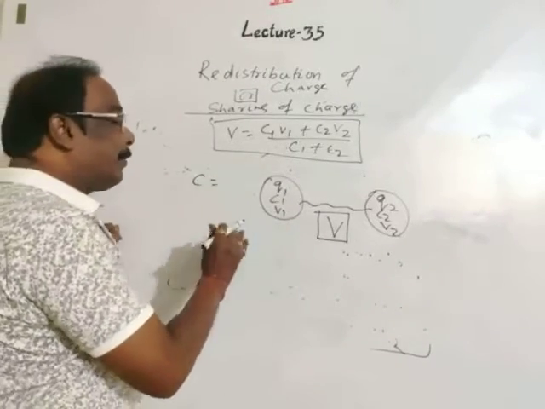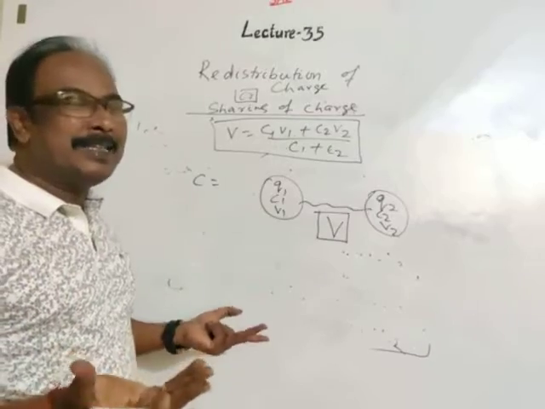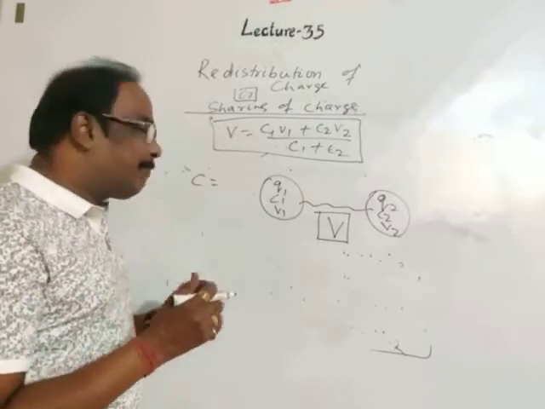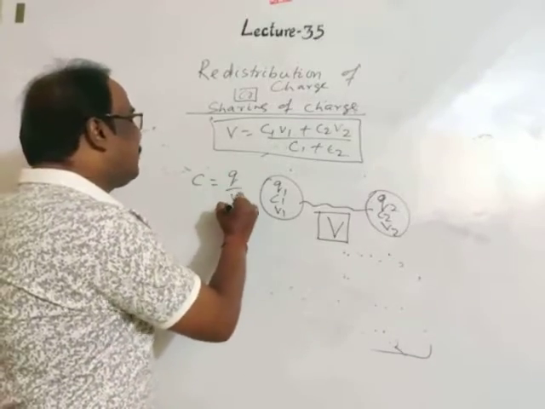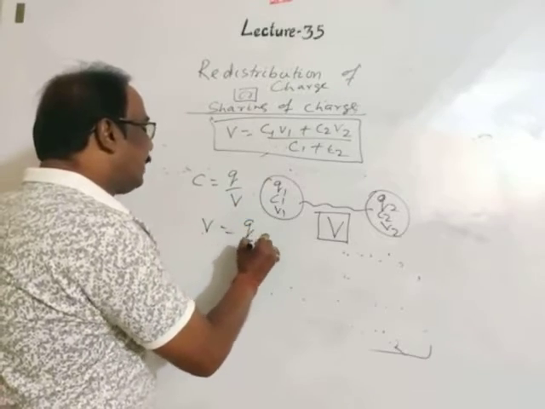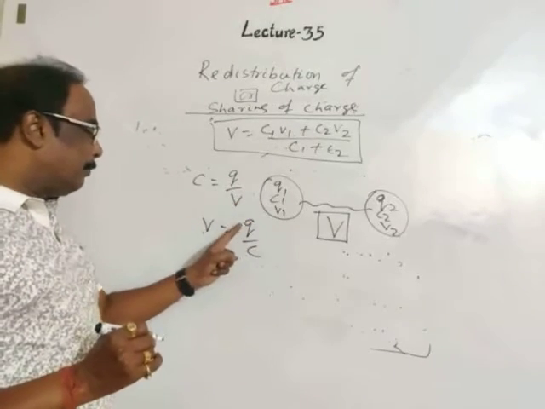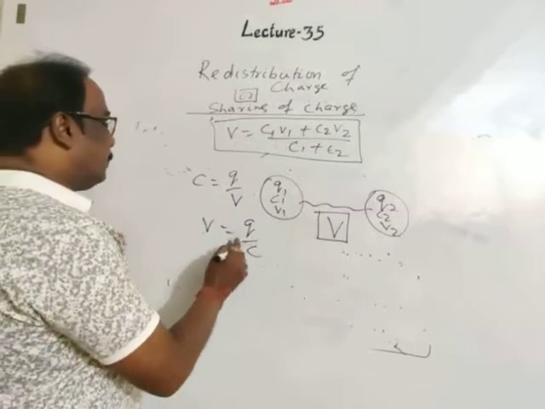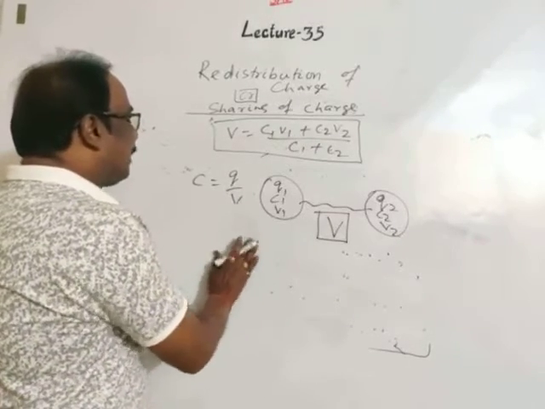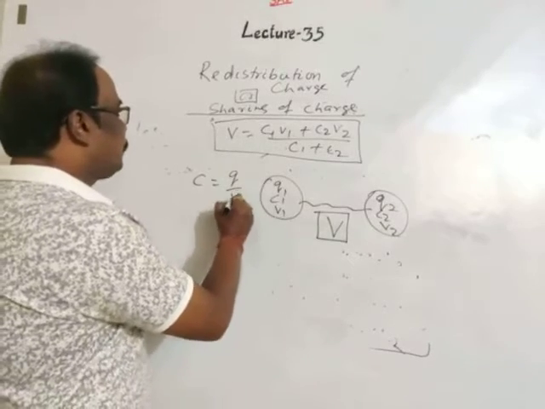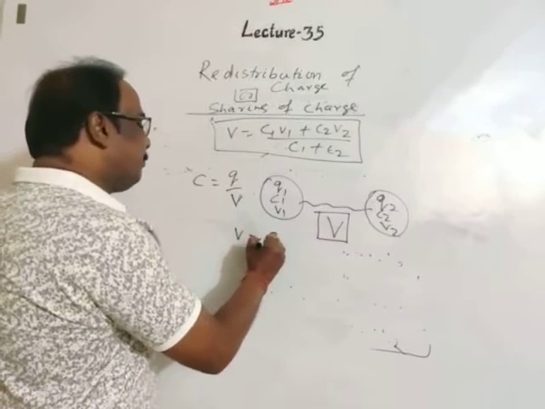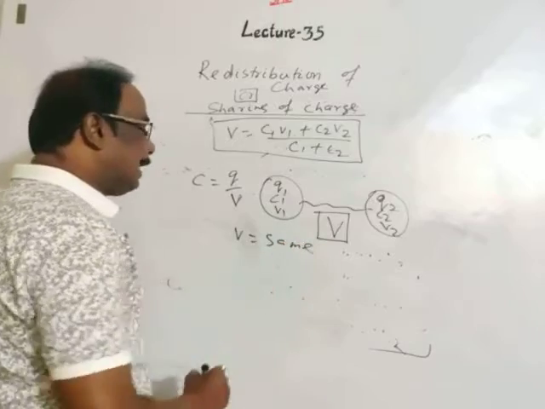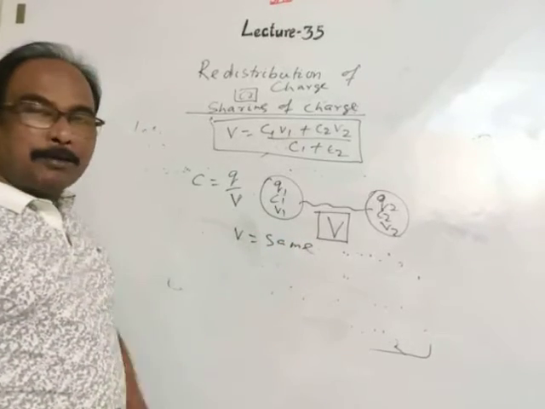Similarly, how can we find capacitance using the general formula: C is equal to Q by V, V is equal to Q by C. So, see, here potential is the same, V is constant.